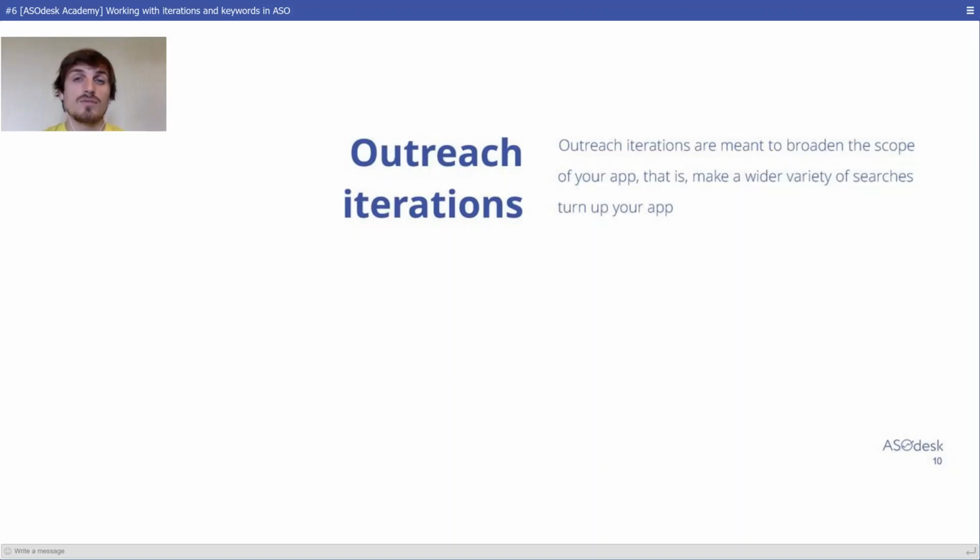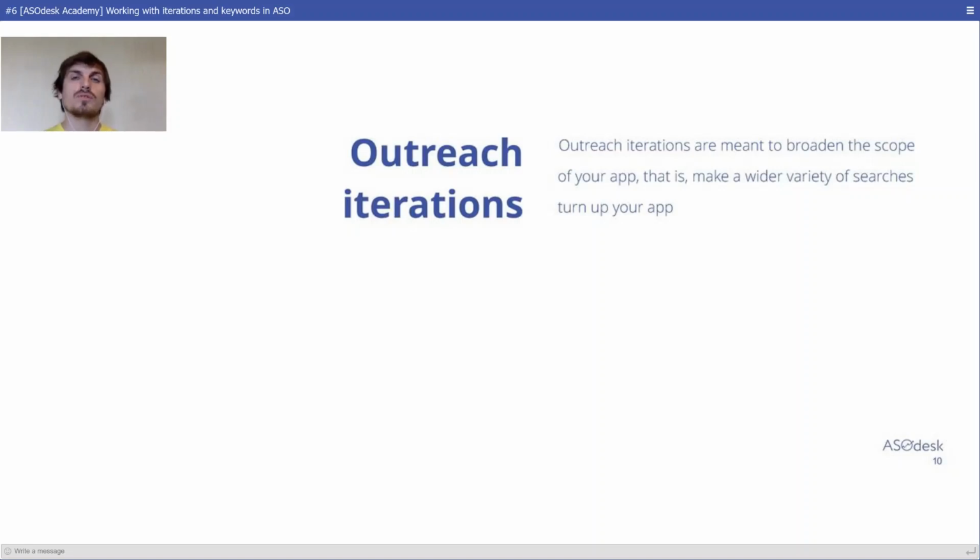As we've mentioned a few times already, normally we use outreach iterations when we start App Store optimization for an app, or when we are finding a new semantic cohort or group. For example, we're conducting App Store optimization already, and we found a niche in the market, or we added a big group of features to our app, and these features have their own keywords on the store.